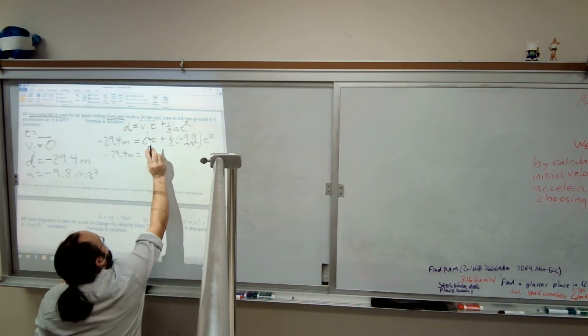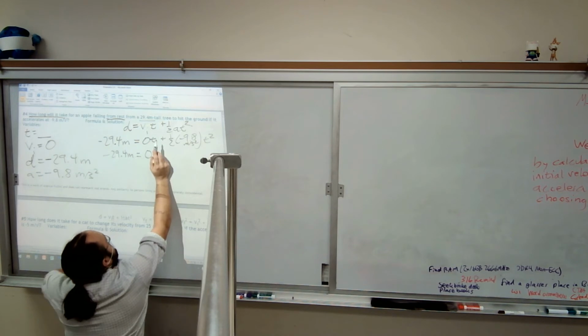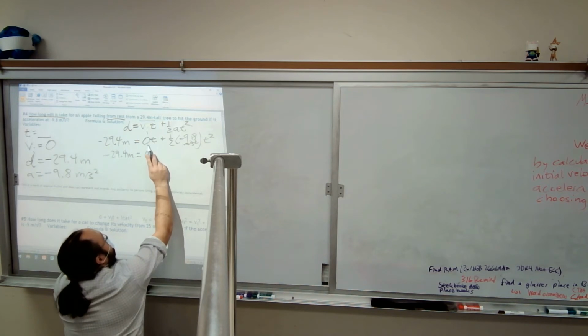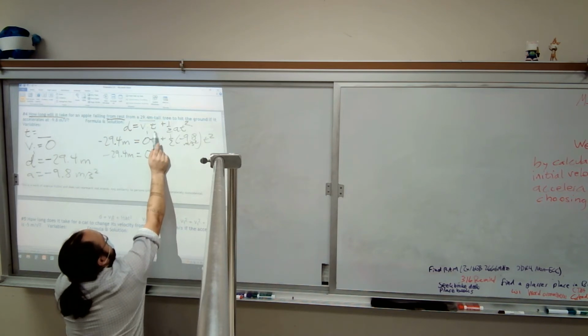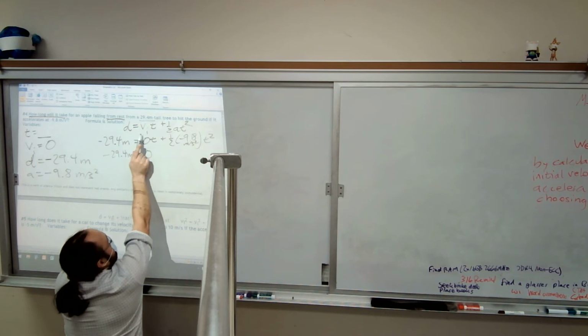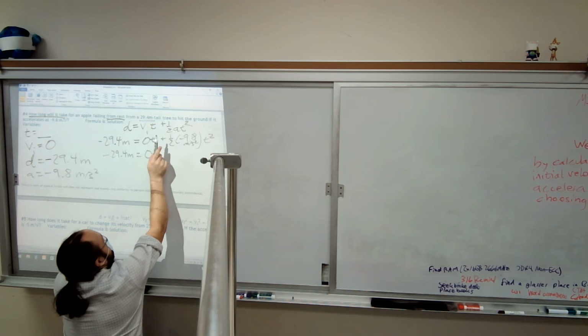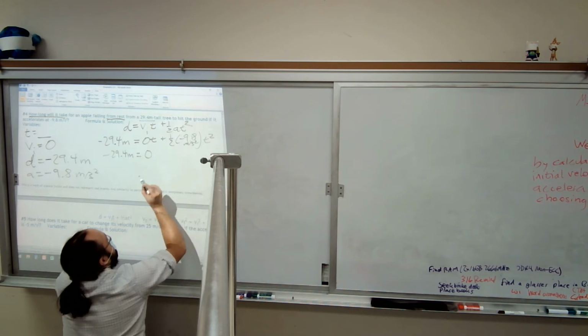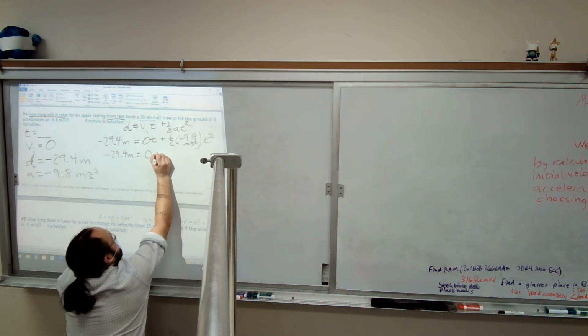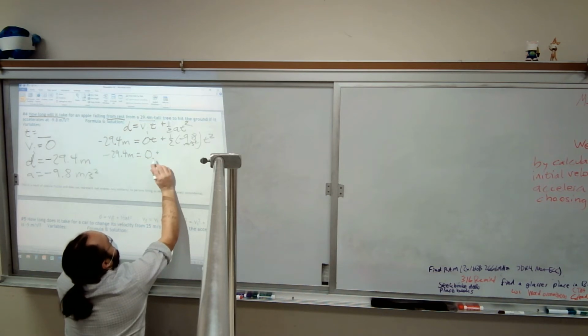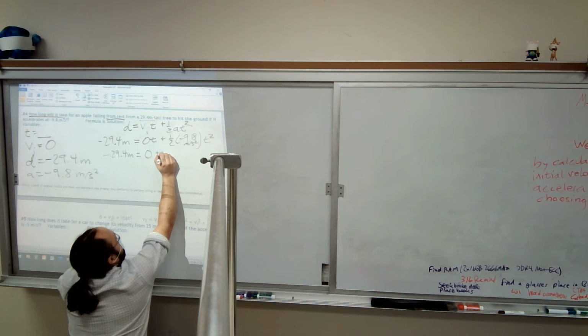It's really, this formula I think is one of the easier ones because whenever the thing starts from rest, this whole front part goes away. So it's not this whole long vit plus 1/2 at squared. Often it's just 1/2 at squared. This makes it a lot easier when there's a 0 there. So 0 plus 1/2 times negative 9.8 is negative 4.9.